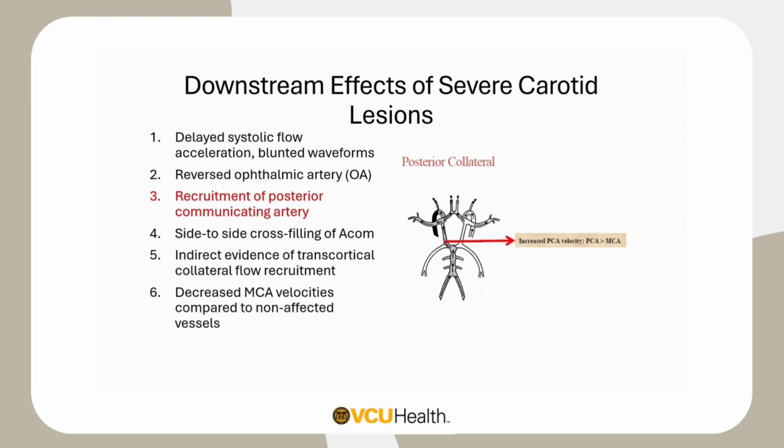The other thing is, your posterior cerebral arteries will be faster than your middle cerebral arteries because you're trying to promote collateral flow from the posterior circulation up to the anterior in the setting of a carotid lesion.